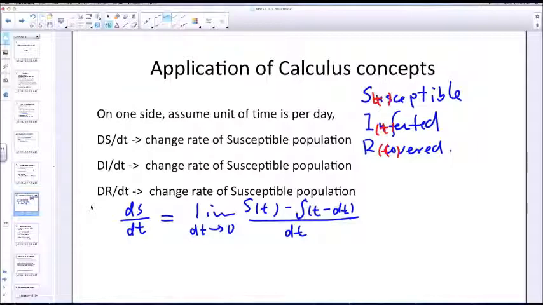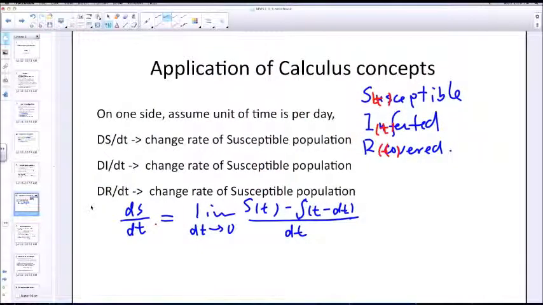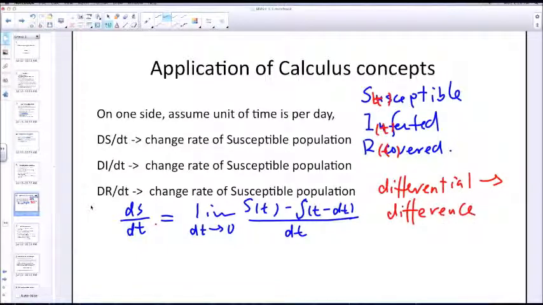But in Stella or any numerical model, we are going to change the differential into a difference model. So the differential will be approximated by a difference model.